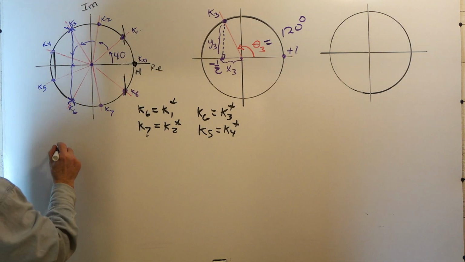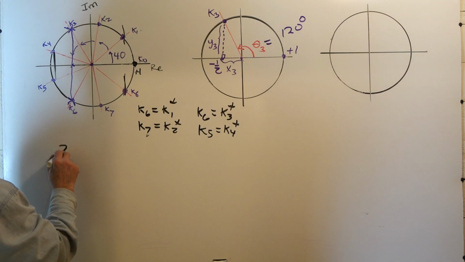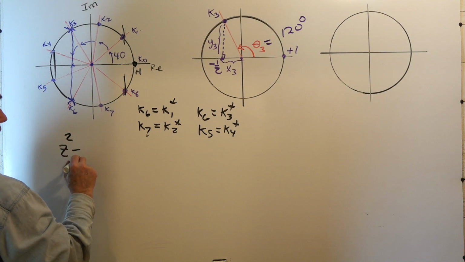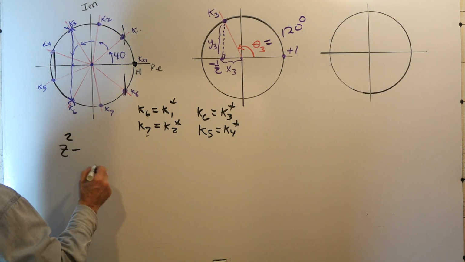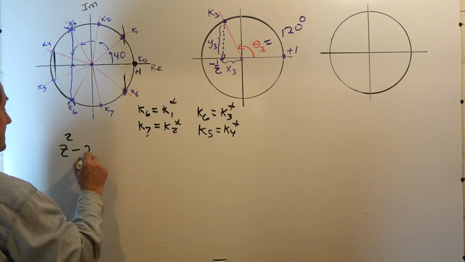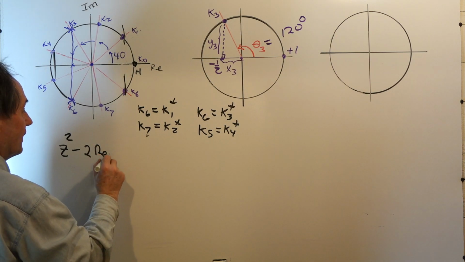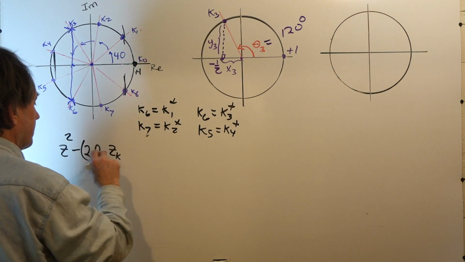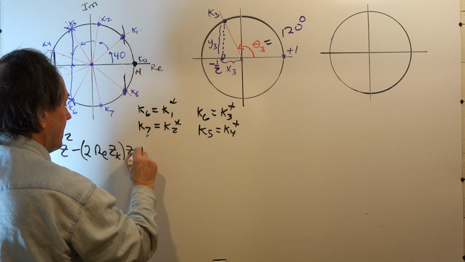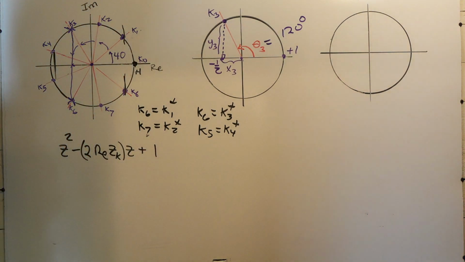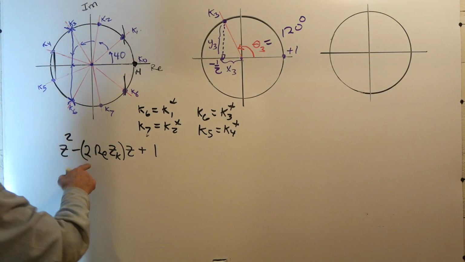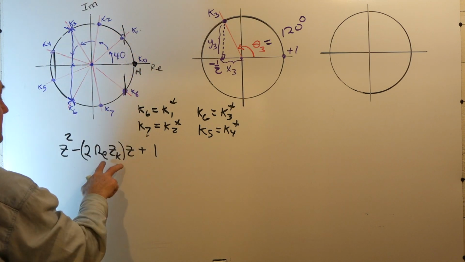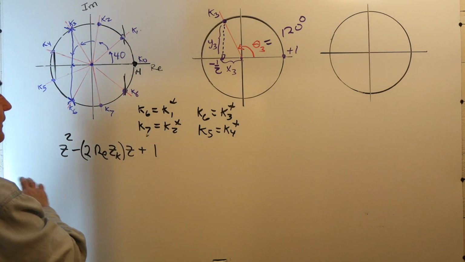Now, we just determined that the quadratic factor corresponding to a complex conjugate pair of roots can be written in this fashion: z squared minus twice the real part of one of the complex roots times z plus 1. That's a quadratic factor. Well, all we need to do is know what the real part of any one of these roots is, and we can easily write down the quadratic factor.